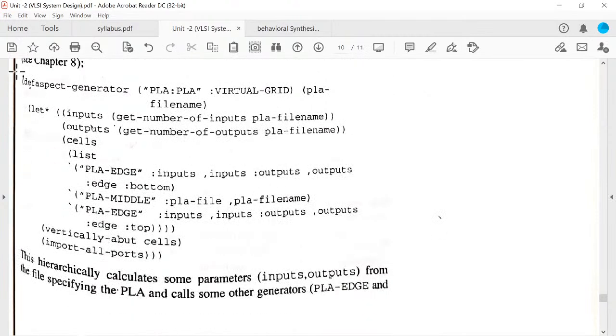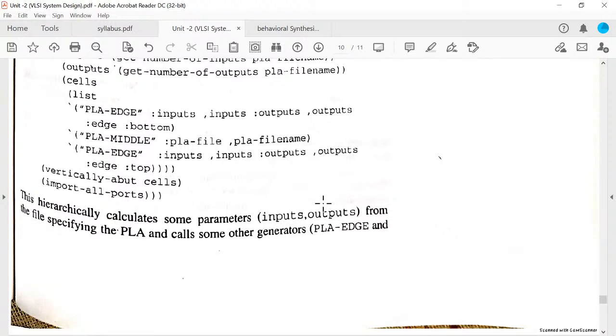So this is an example of a netlist that we use in layout synthesis for the designing of a transistor, as a basic module.